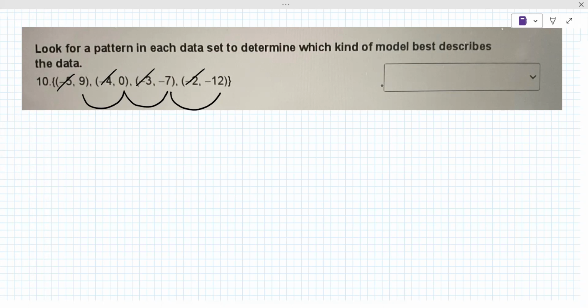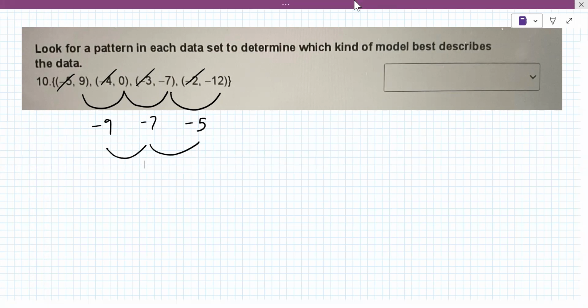-9, -7, and -5. Okay, so it's not linear, but maybe it's a quadratic. So now take the next differences. It's both +2.